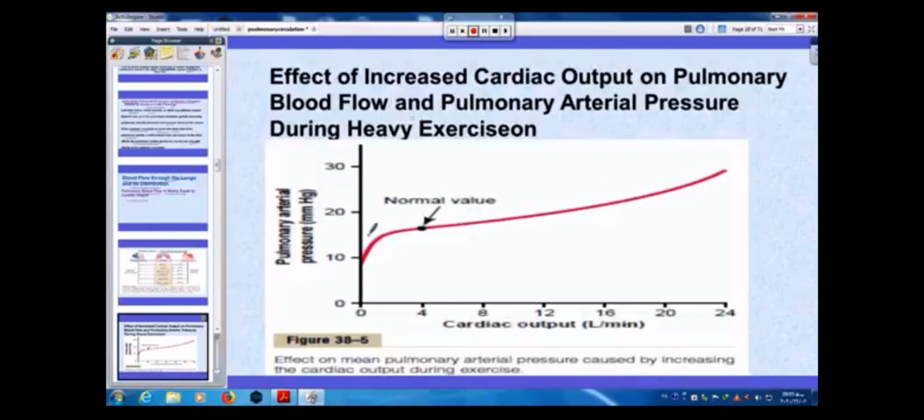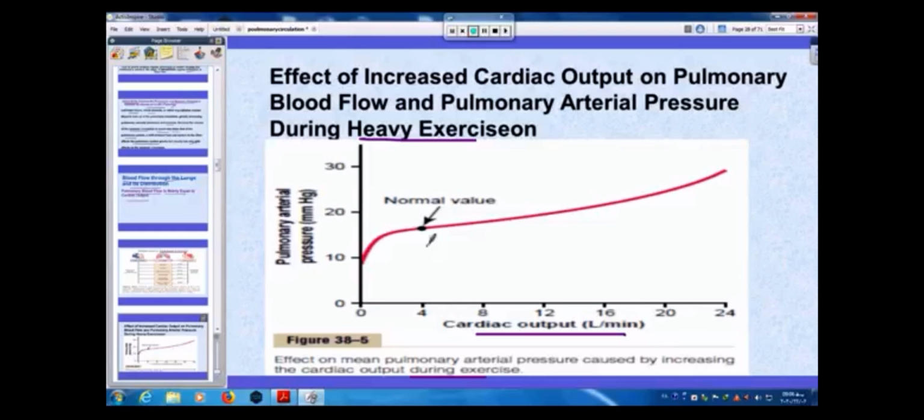In this figure you can see the effect of increased cardiac output on pulmonary blood flow and pulmonary artery pressure during heavy exercise. Here is the cardiac output in liters per minute, and the effect on the mean pulmonary arterial pressure caused by increasing the cardiac output during exercise.